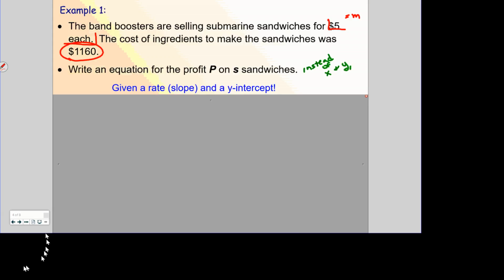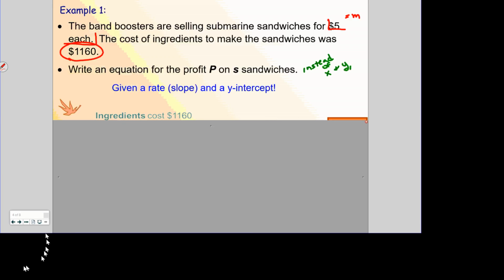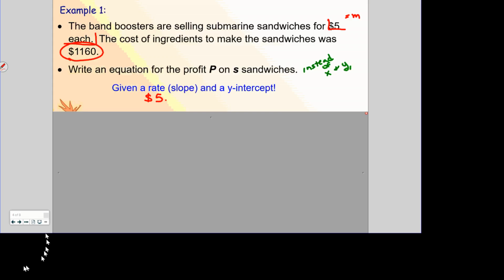So let's break down those pieces. So we're given a slope and a y-intercept, that starting amount. Oops, let me jot down real quick. If our slope is $5 each, we can rewrite that as $5 for every 1 sandwich.